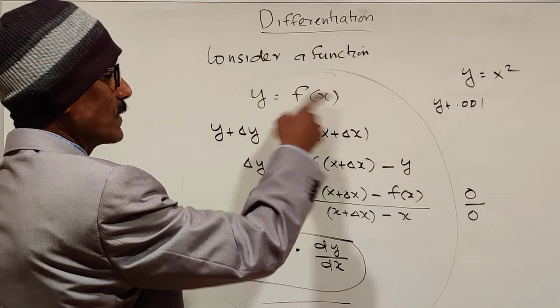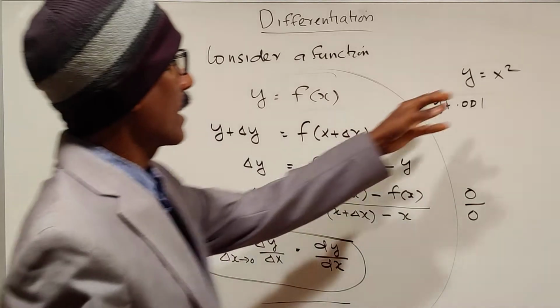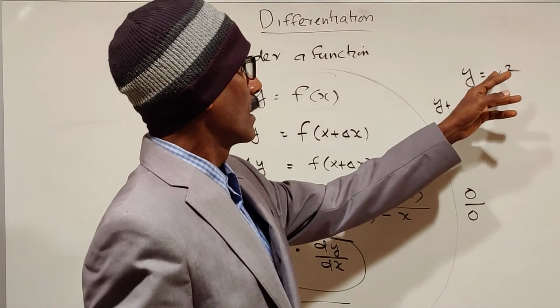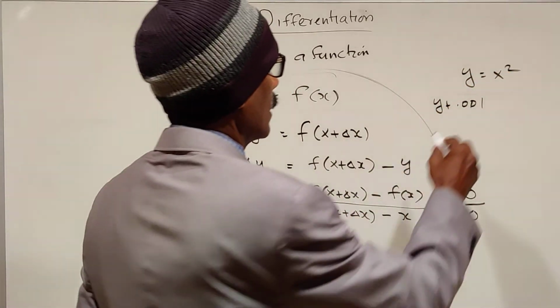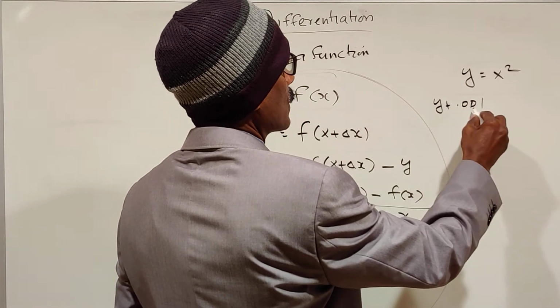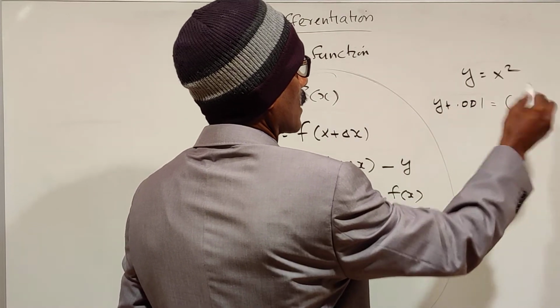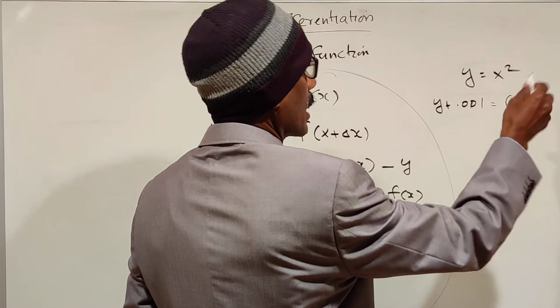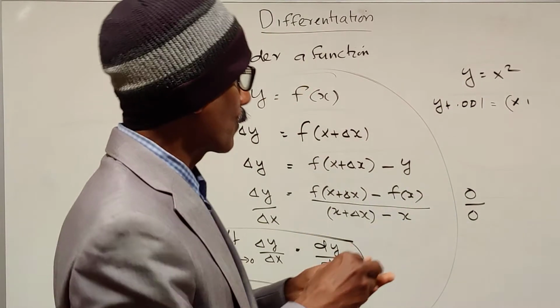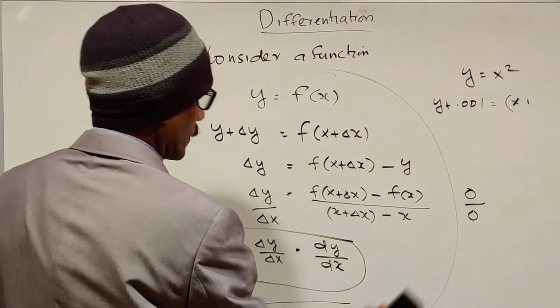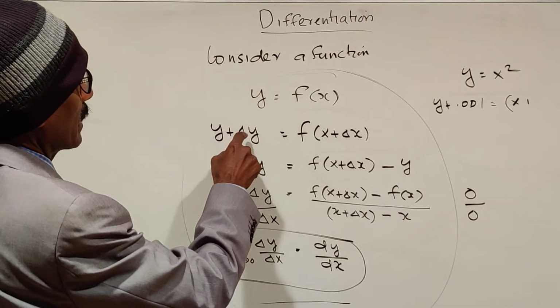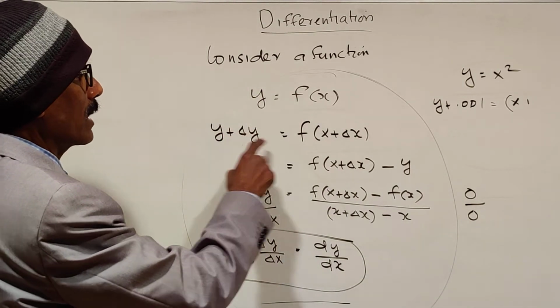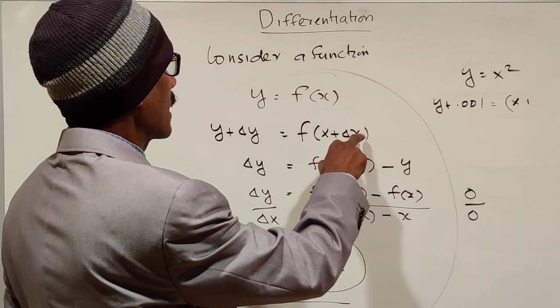Y is equal to f(x). Y is any function like y is equal to x square. Then y plus 0.001 means the corresponding increment. I don't know what that corresponding increment is; I will show you in the geometrical proof. Then y plus delta y. Delta y is the increment in y. The corresponding increment in x is delta x.